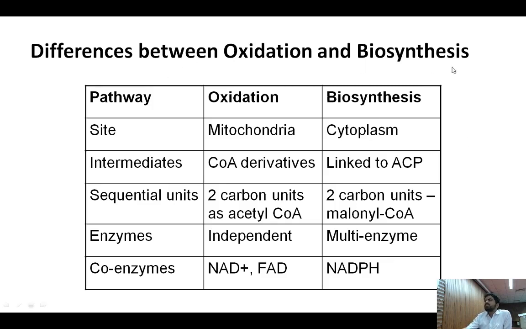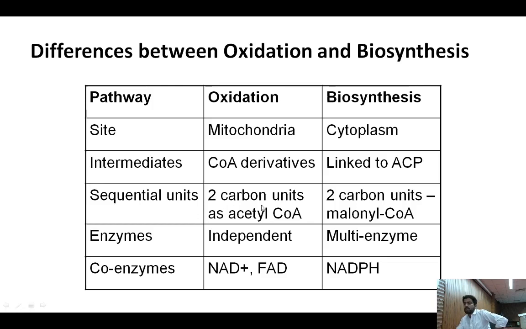Now, what is the major difference between oxidation and biosynthesis? The site is mitochondria for oxidation, cytoplasm or cytosol for biosynthesis. The intermediates in oxidation are coenzyme A derivatives. We saw hydroxyacyl coenzyme A, enoyl coenzyme A, ketoacyl coenzyme A, and in biosynthesis the whole molecule, till it forms the total fatty acid, is linked to ACP, acyl carrier protein.